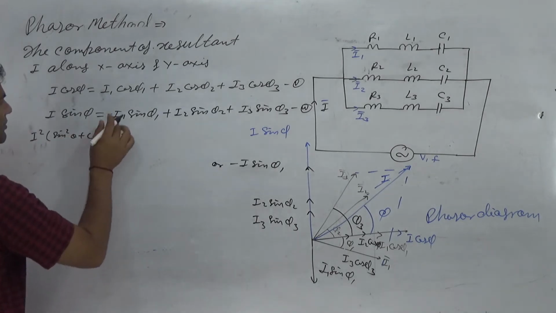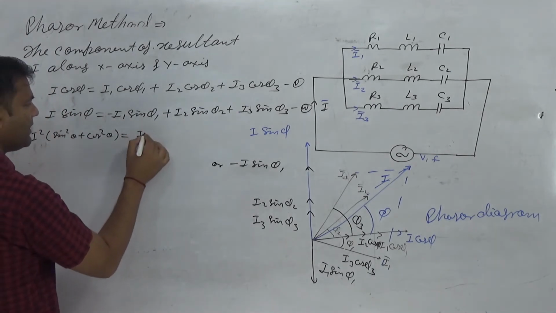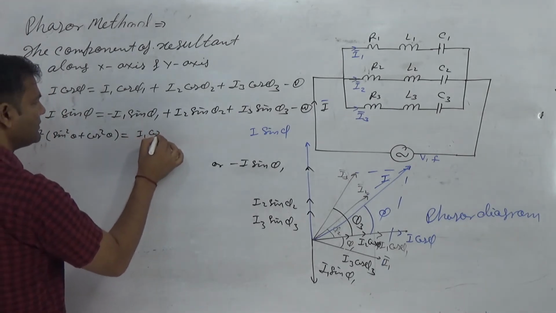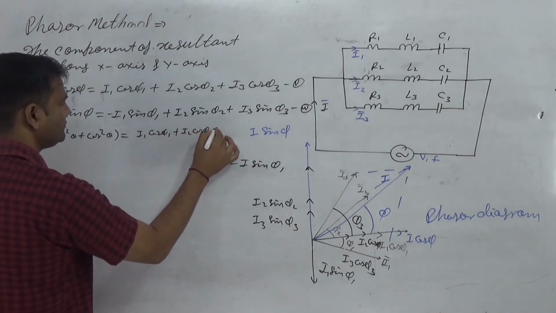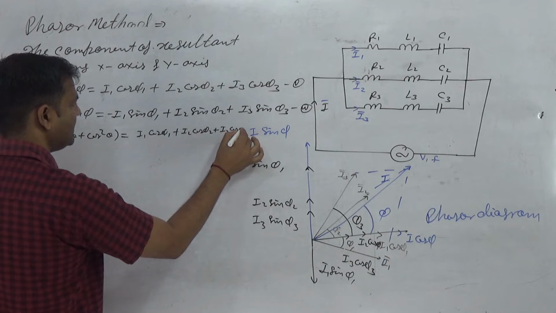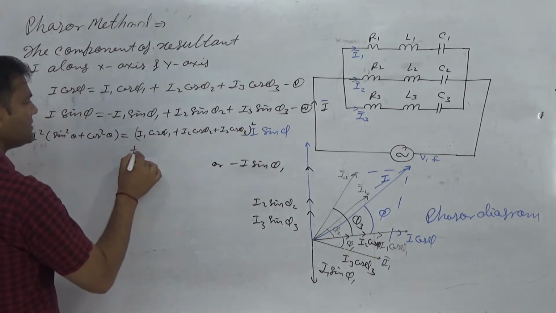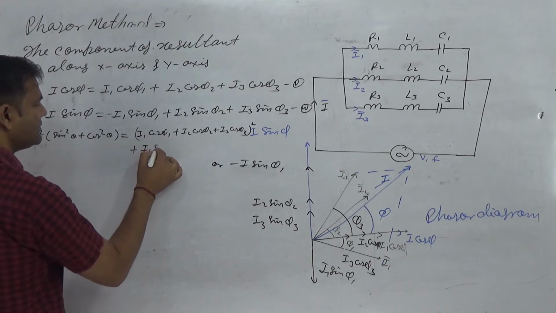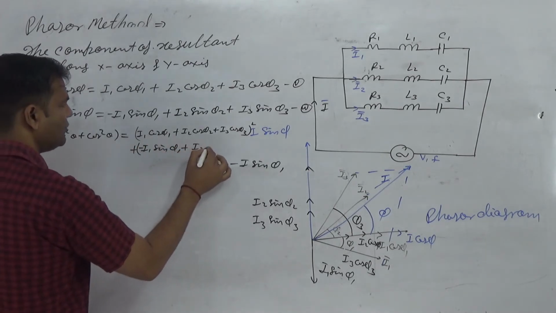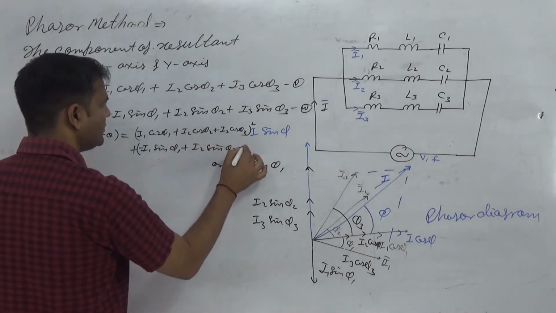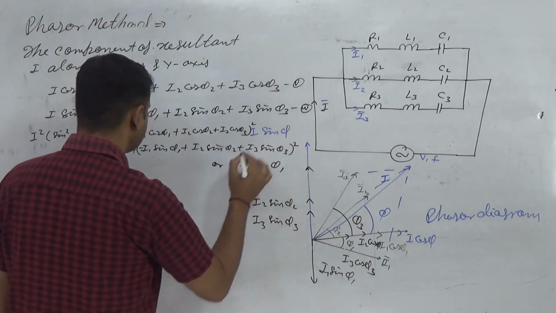This equals I1 cos phi 1 plus I2 cos phi 2 plus I3 cos phi 3 whole square plus I1 sin phi 1 plus I2 sin phi 2 plus I3 sin phi 3 whole square.